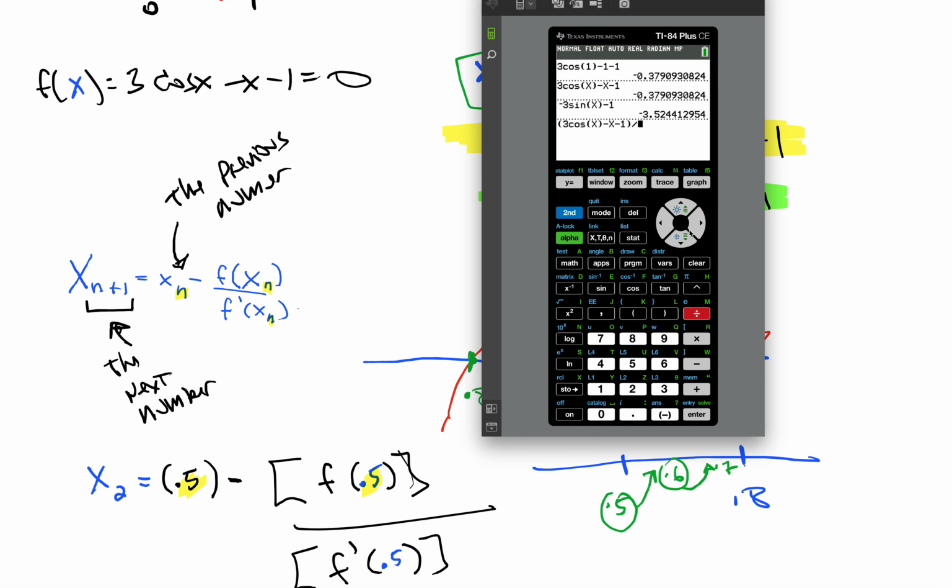Divided by, okay, parentheses, bring this down. That's the entire bottom. So now we actually have this setup right here. We have the top divided by the bottom, all in one expression. All right, so I'm going to put that down right now. And now we're going to get our 0.5. 0.5 store as x. Bam.